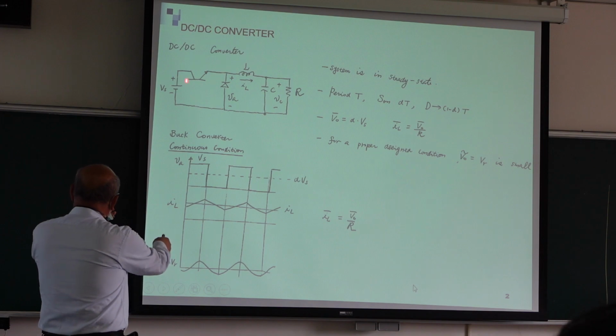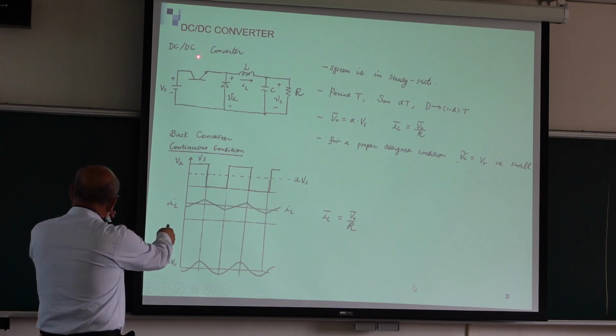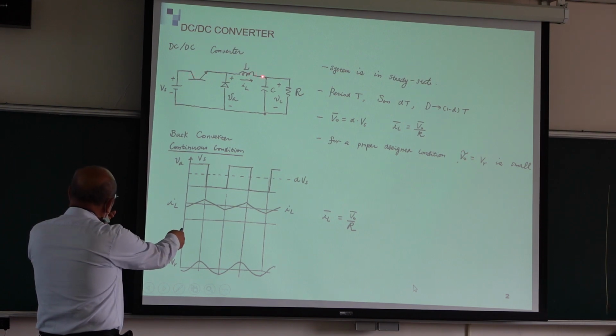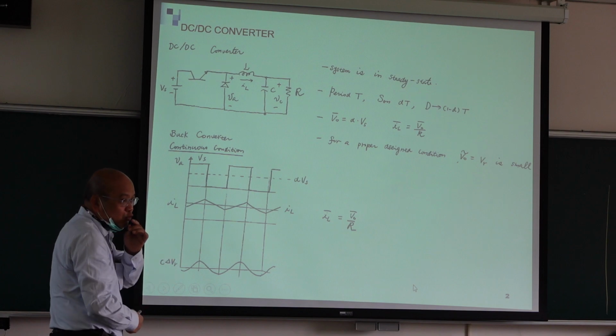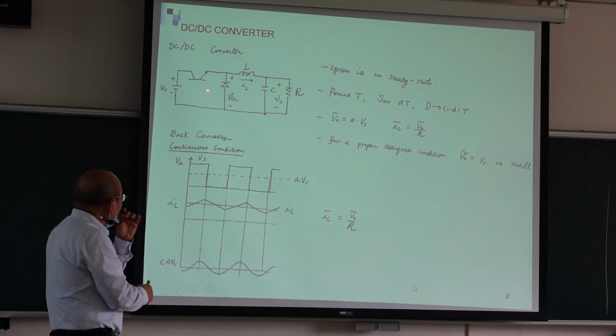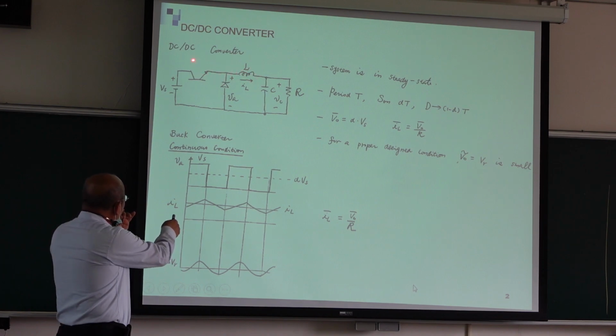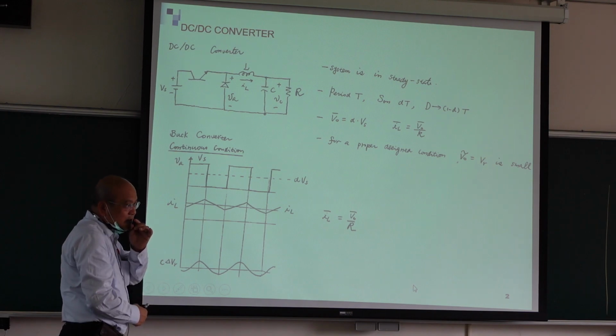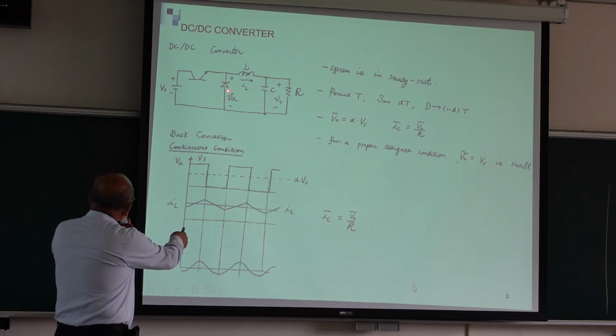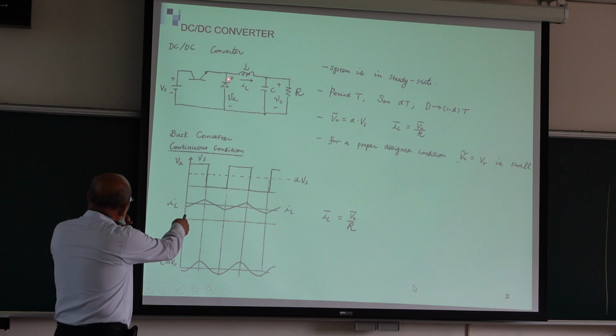And we have a switch. The switch could be a MOSFET. But if the switch turns off, then we have inductor current, and your inductor current has no place to flow. If the inductor current has no place to flow, then what happens? It creates a spike and damages the device. So what can we do? We have to put a Schottky diode.